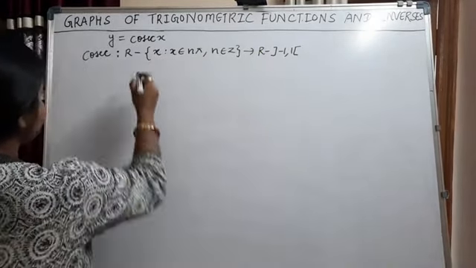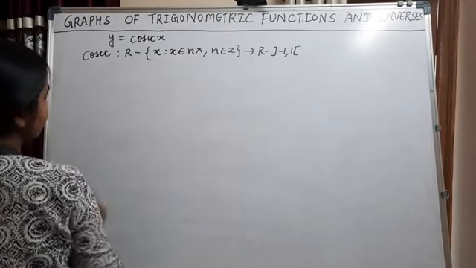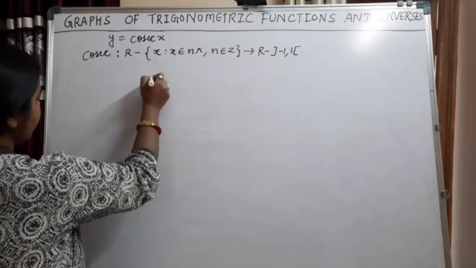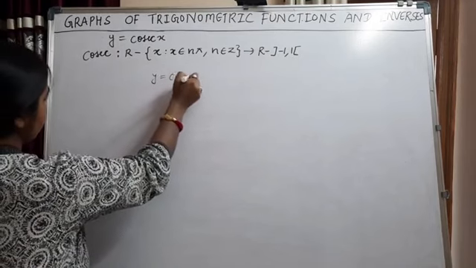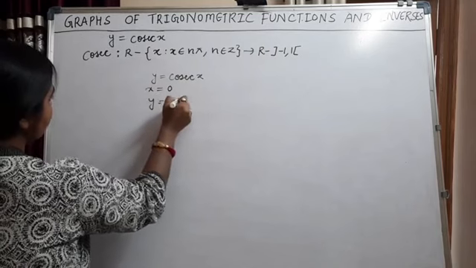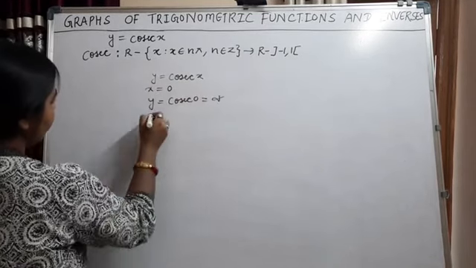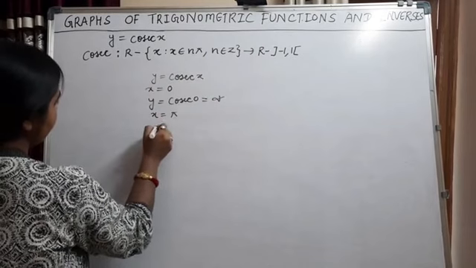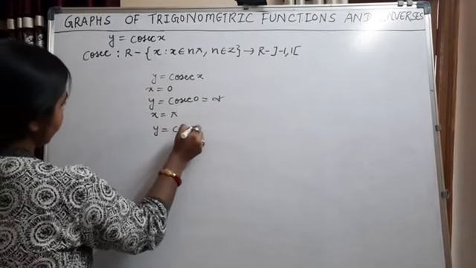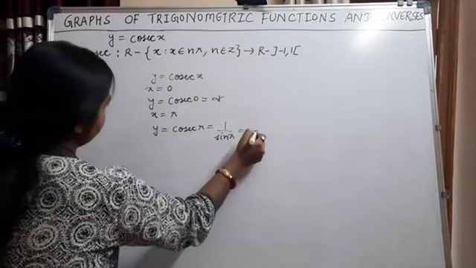Here in the domain you can see it is all real numbers except n pi, the multiples of pi. Why is it like that? Because if we take x equals 0, then y is cosec 0 and we know that it is infinity. If we take x equals pi, then y is cosec pi, which is 1 by sine pi, and this is again infinity.